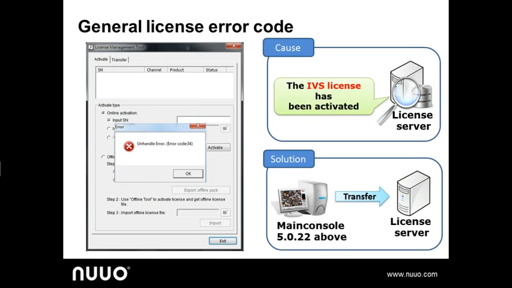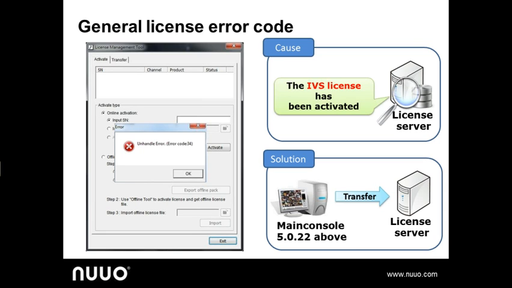The next error code is error code 34. It can only occur on the main console because it belongs to the IVS license error codes. There are many reasons this issue can occur, but it is most probably caused by the IVS license having been activated.